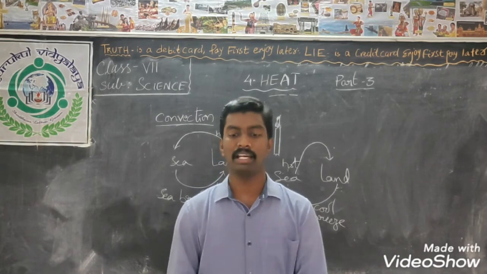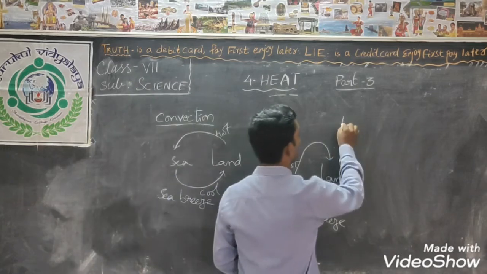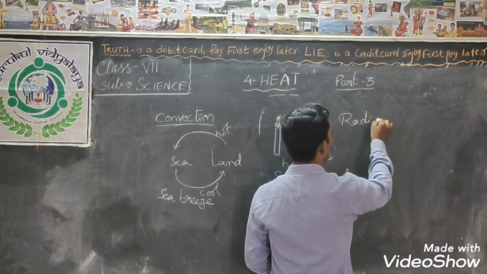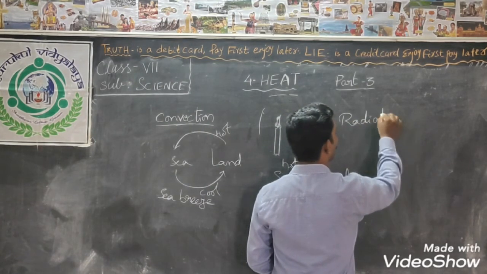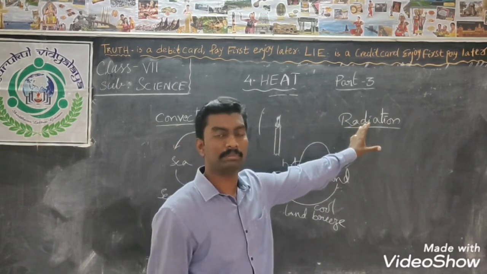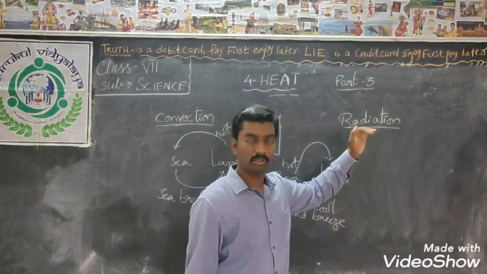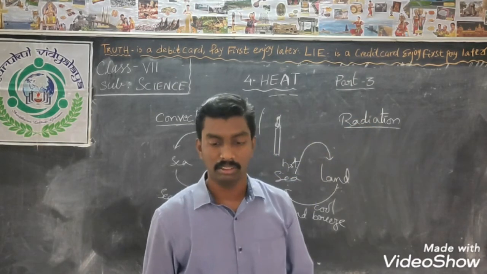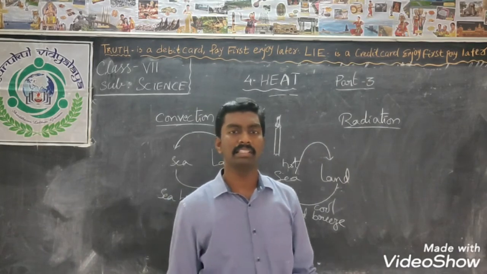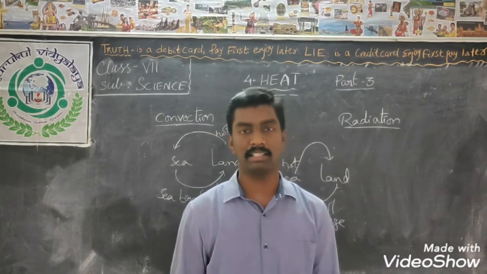Both are not correct. The third mode of heat transfer is radiation. This mode of heat transfer takes place between the sun and the earth. The heat from the sun, we call it radiation. Why? Because there is space between the earth and the sun.